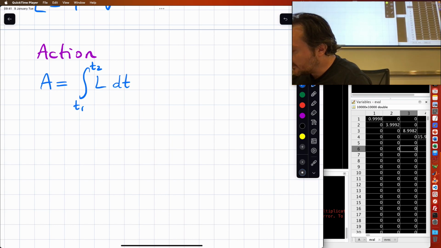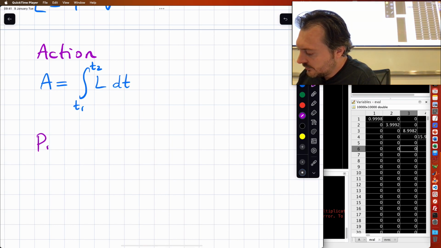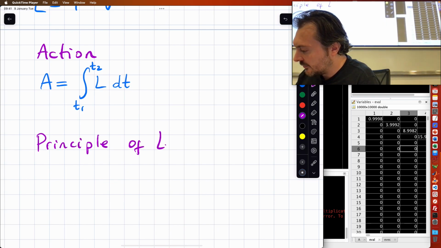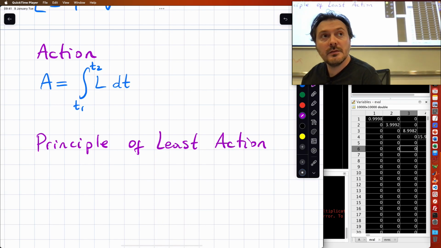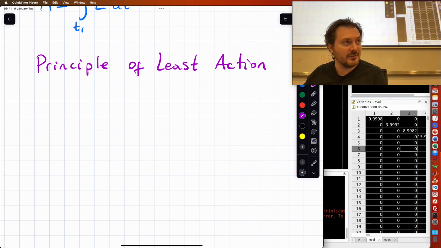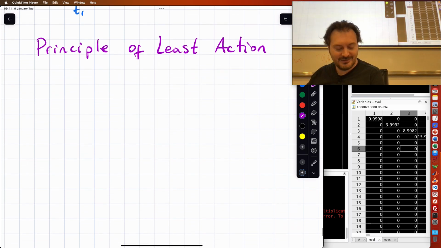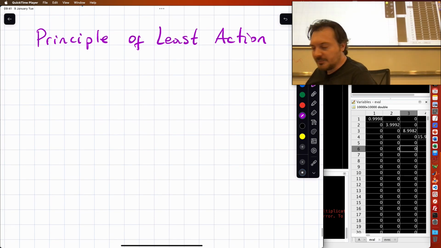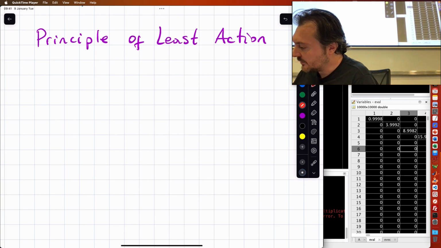Here's the deepest law of nature, principle of least action. Are you ready to get the deepest law of nature? Let me just write it down.